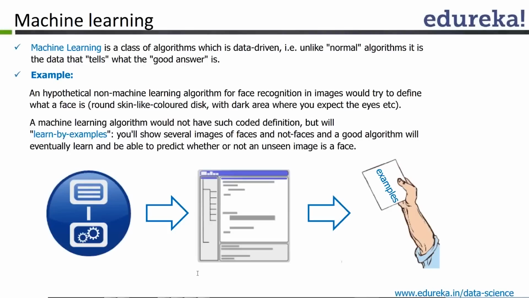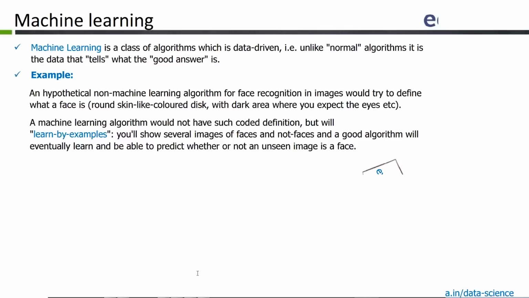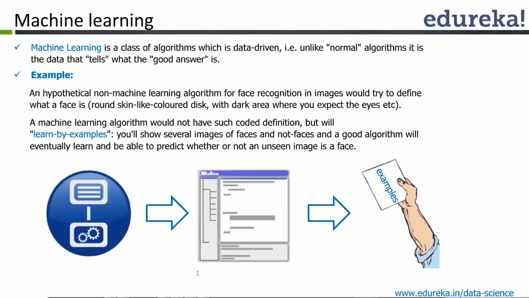In one class of algorithms, you describe what a face looks like. You tell your computer program that a human face contains at least 2 eyes, 2 ears, eyebrows, nose, mouth, cheeks, and so on. So you describe all the features that you can think of in order to detect a face.